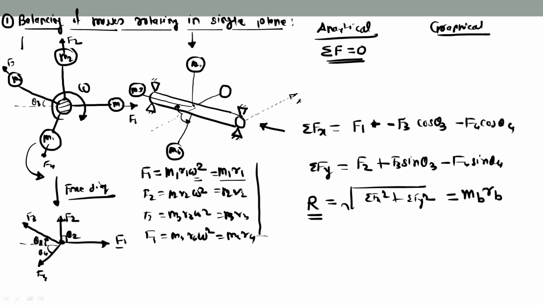If you consider omega square in the forces, then we have to consider omega square here, but we have already neglected it. So the resultant is equal to MB into RB, and then we can find MB, which is equal to the resultant value upon the given radius RB.